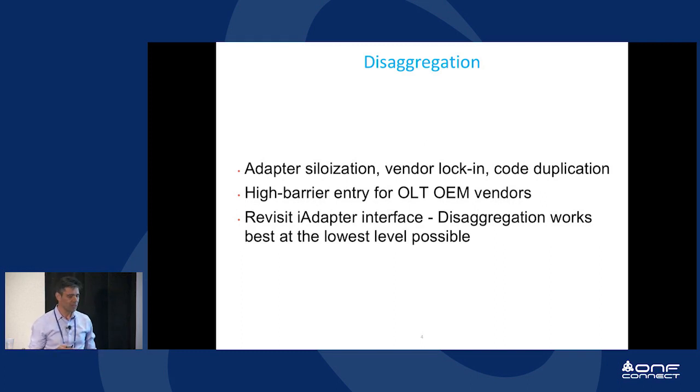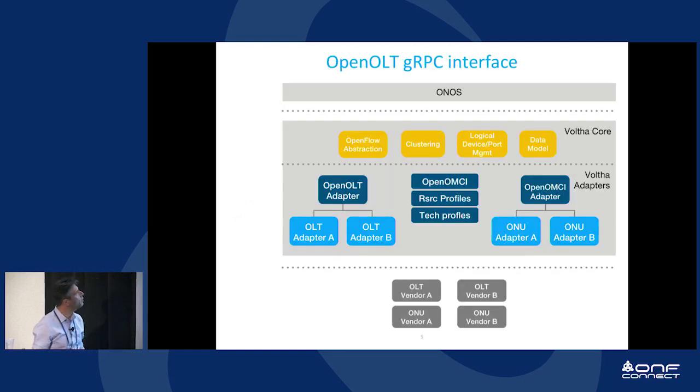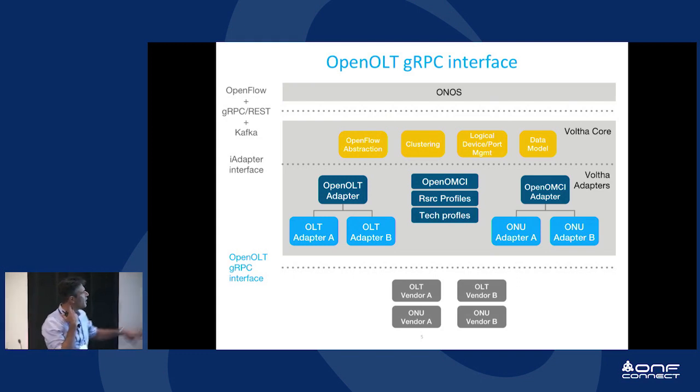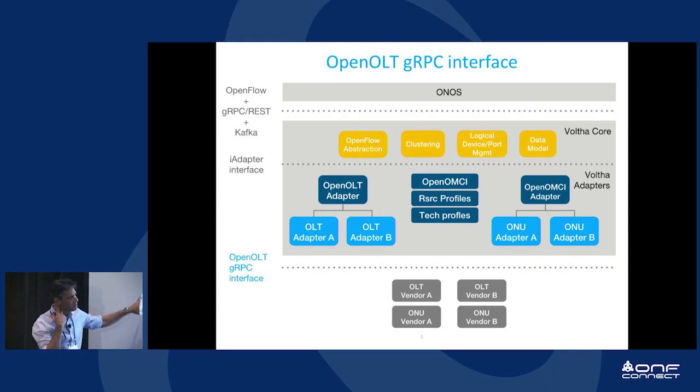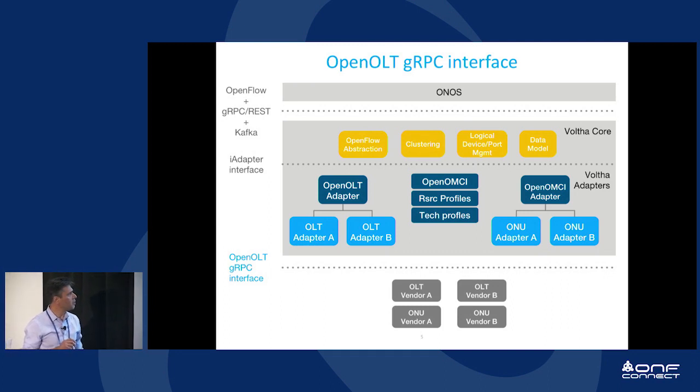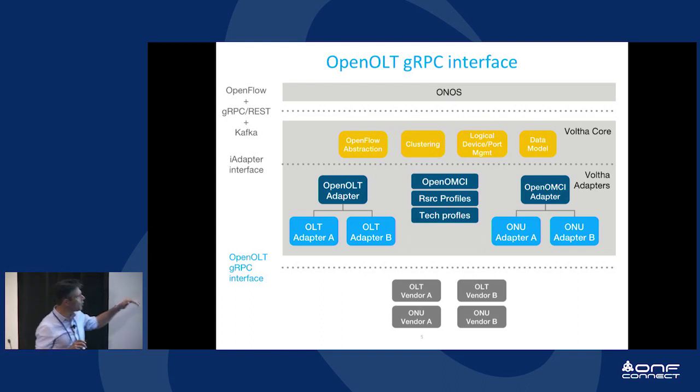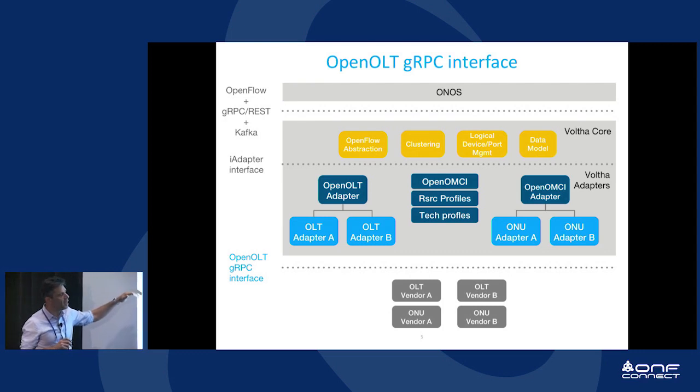That's why we initially defined a gRPC interface at the southbound, which is vendor agnostic and abstracts out Voltha on the southbound, so that an OLT vendor would just have to honor the gRPC interface at the bottom and plug into that, and not have to worry too much about writing an adapter for their particular device.